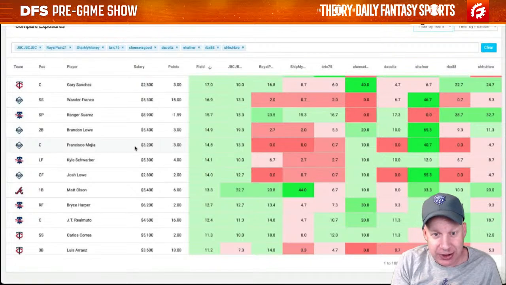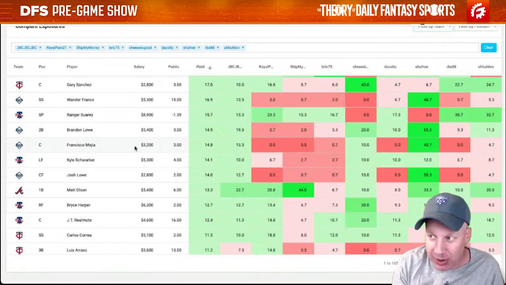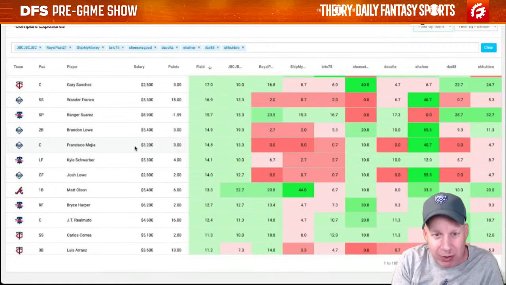On DraftKings, you can't have both of them. So if Matt Olson is 25% owned and Vlad's 10% owned, Vlad's ownership doesn't matter anymore, Olson's ownership doesn't matter anymore. If you have Guerrero over Olson, you could only roster one.